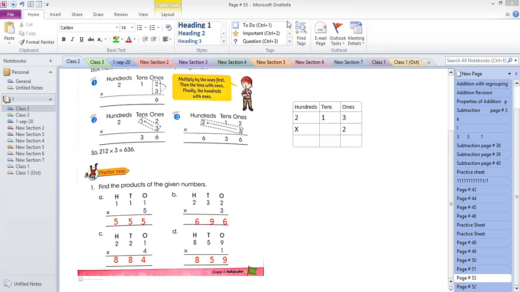I will take one more student. Muhammad Shams. Muhammad Sami. Mashari.